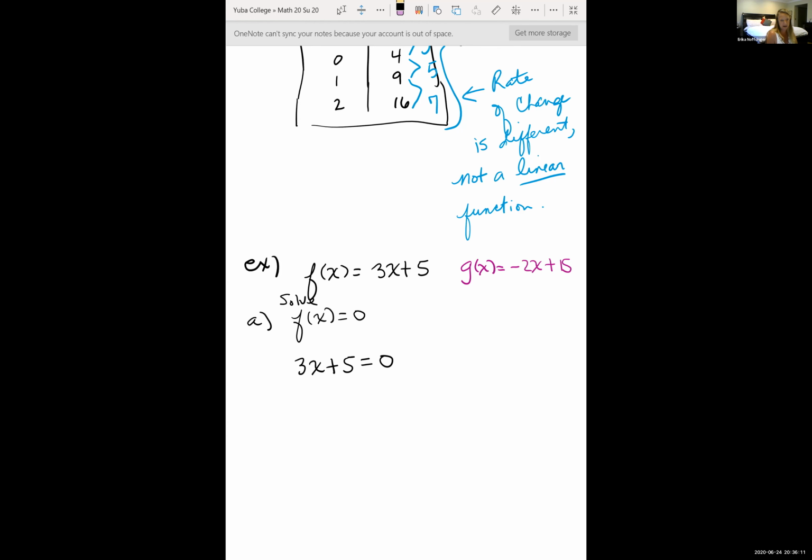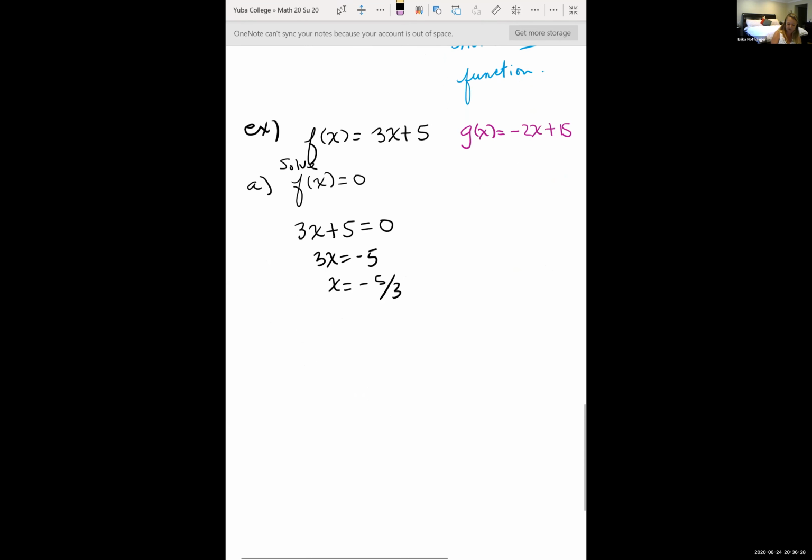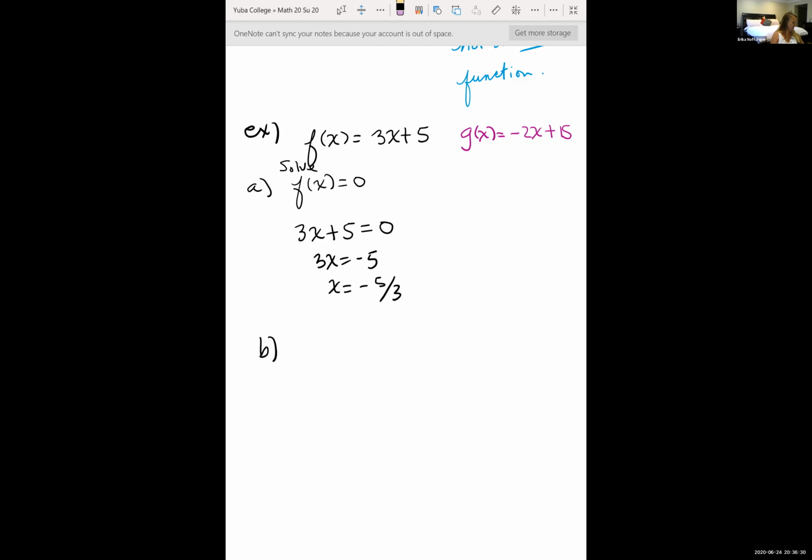and solving for x. We got a linear equation, so we isolate our term with x, get 5 to the other side, we get 3x equals -5. And divide both sides by 3, we get x is -5/3. And then it wants to know when is f of x less than 0?